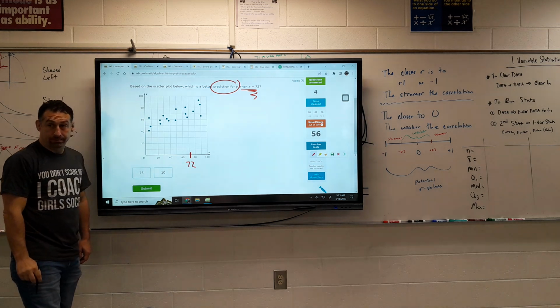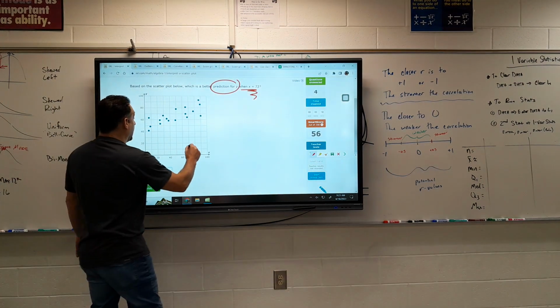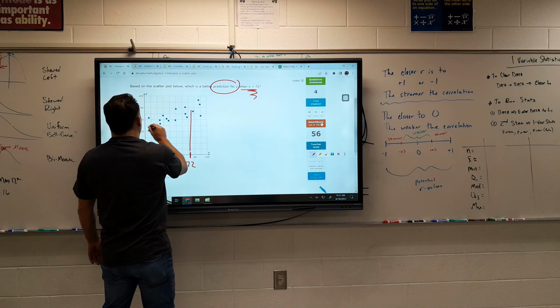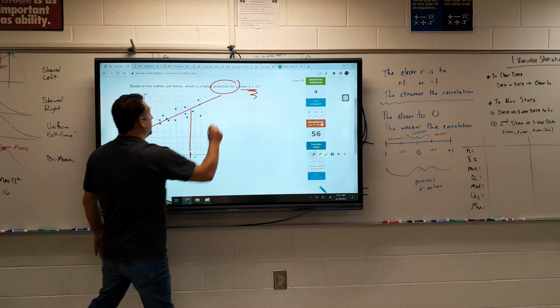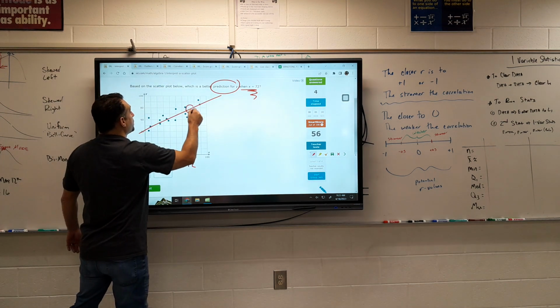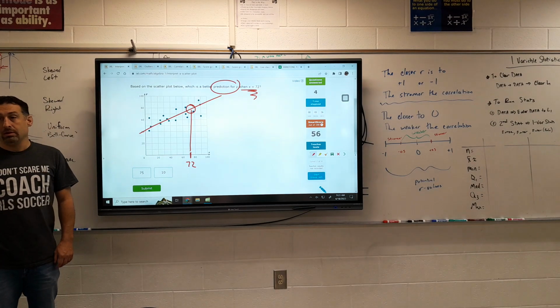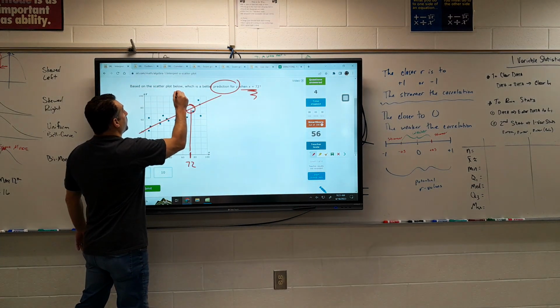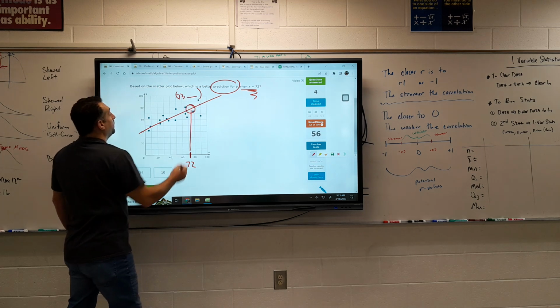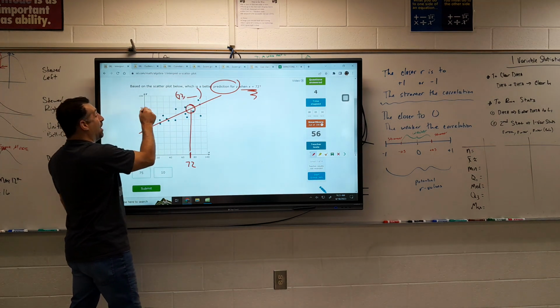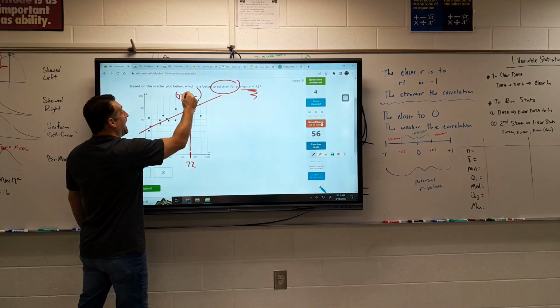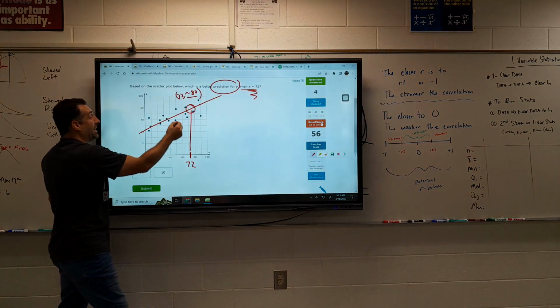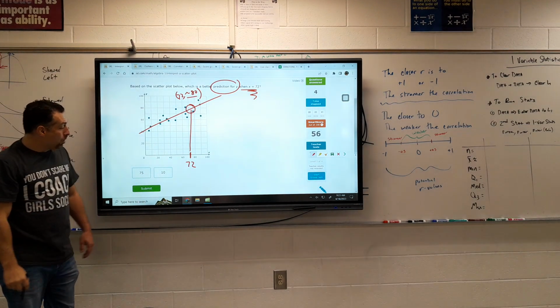Are we following? So the line we would have would be something like this in general. The prediction line would say that would be the point we'd be interested in. It's 72, but we're interested in the y value. It's around 80, maybe a little less than 80, but more than 60.